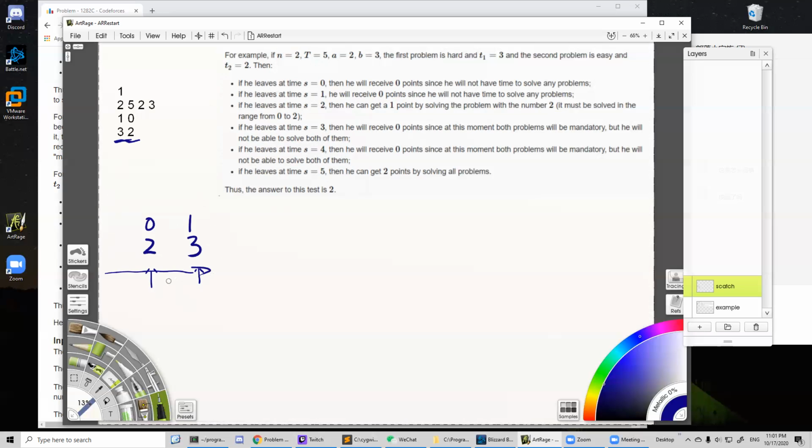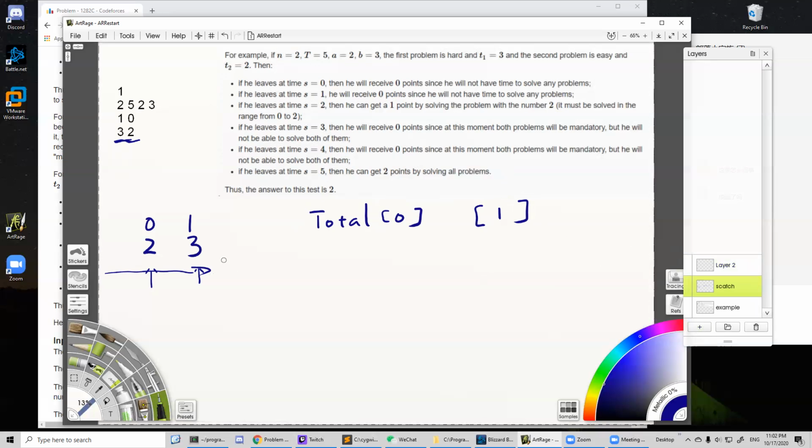First, we can keep count of the total number of problems. We can have 2 totals. The first one is the total number of easy problems, and the second is the total number of hard problems, right?